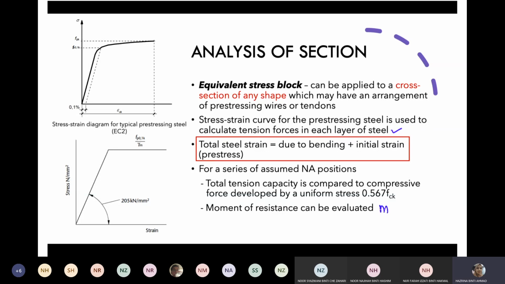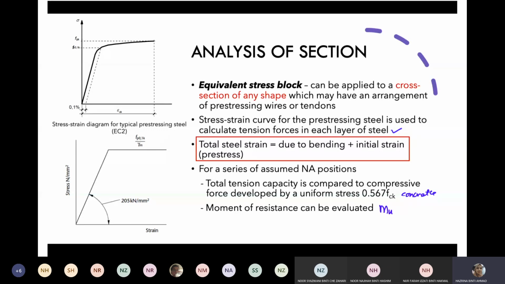So basically we are going to calculate the value of Mu here, and this uniform stress is for the concrete. When we talk about 0.567 FCK, we are referring to the concrete strength. As you can see here on our left, we have a typical stress strain diagram for the pre-stressing steel.